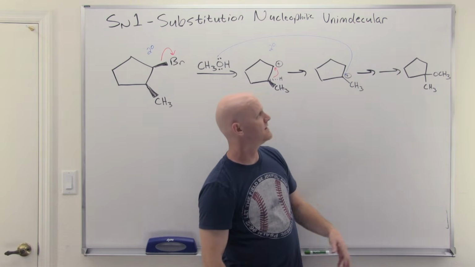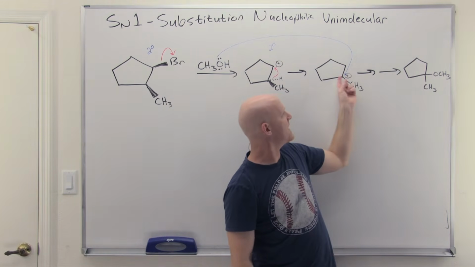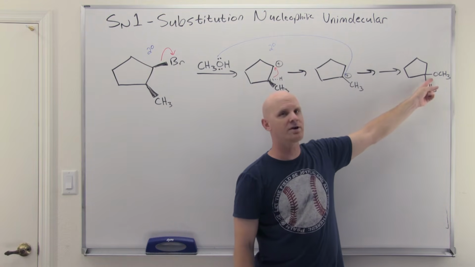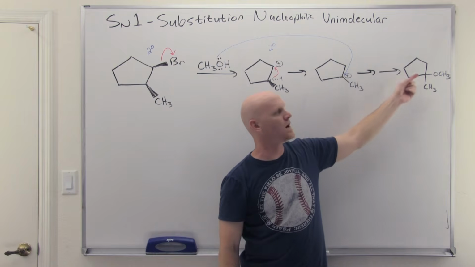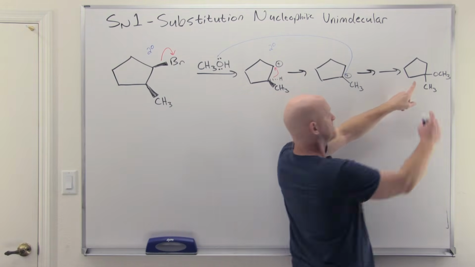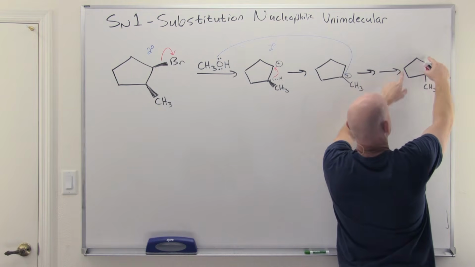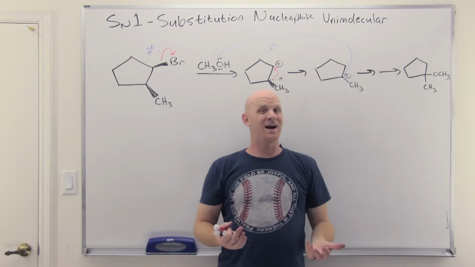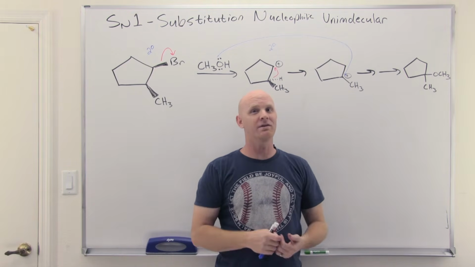So methanol attached right in that location and then got deprotonated by another methanol molecule. It takes two steps to get to this final product. In this case, where we ultimately attach is not a chiral center. It is bonded to two identical groups as you go around the ring, and since there are not four different groups there, that's not a chiral center. And if it's not a chiral center, then I don't really care about stereochemistry.